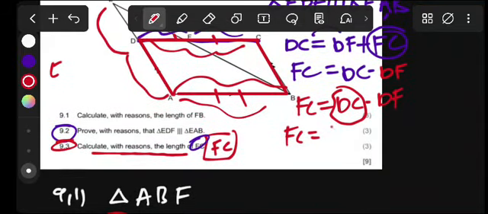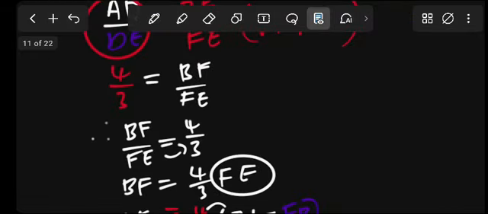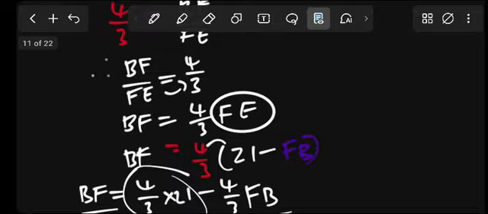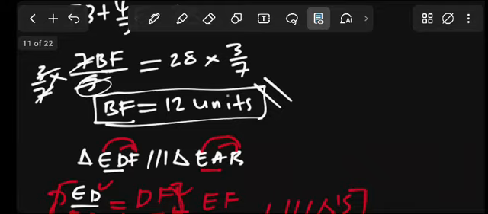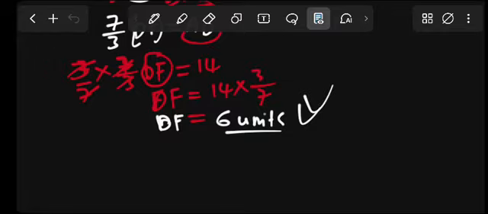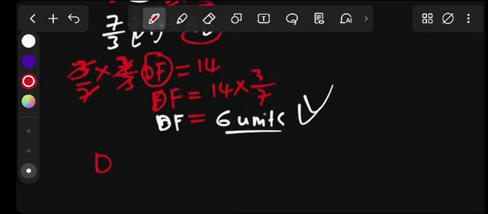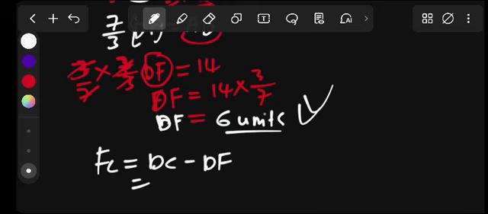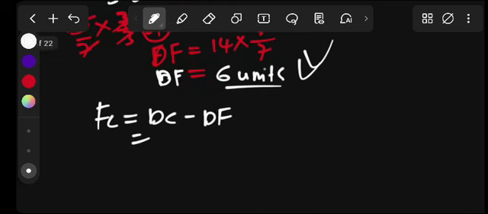So we'll have 14 minus DF, which we've just calculated here. We got that DF to be 6. So FC will be equals to DC minus DF. As you have seen, DC is equals to 14.